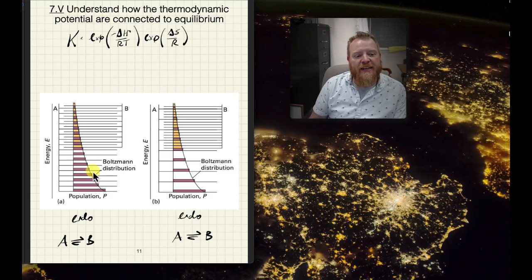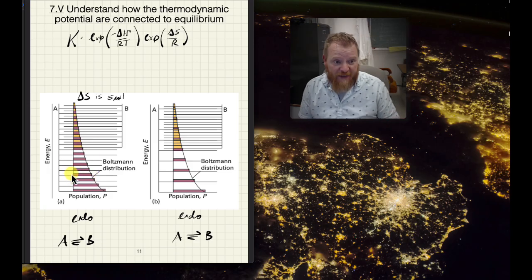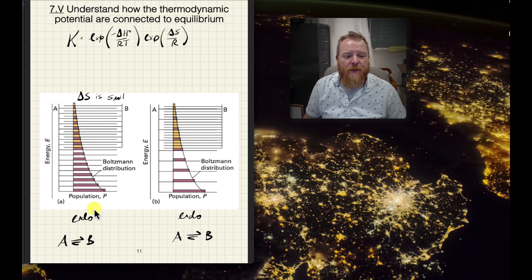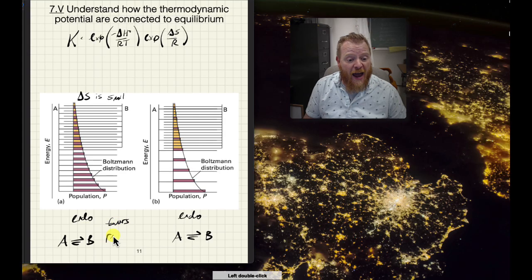So what you're supposed to gather here is the delta S for this process going from A to B is small. And the reason why we can say that is because the energy levels for A are packed tightly together. The energy levels for B are packed tightly together. So now, because this is a small entropy change, this endothermic reaction still favors reactants.